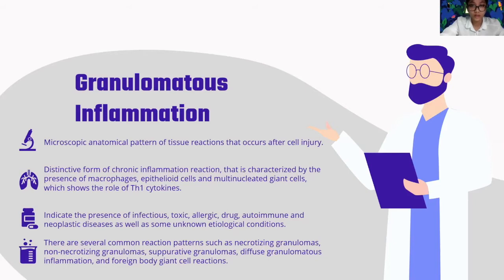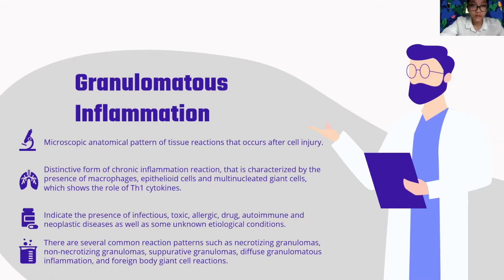multinucleate giant cells. Granulomatous inflammation can indicate the presence of infectious, toxic, allergic, drug, autoimmune, and neoplastic diseases, as well as some unknown etiological conditions. Granulomas can be produced by various infectious agents, each of which exhibits a different microorganism.